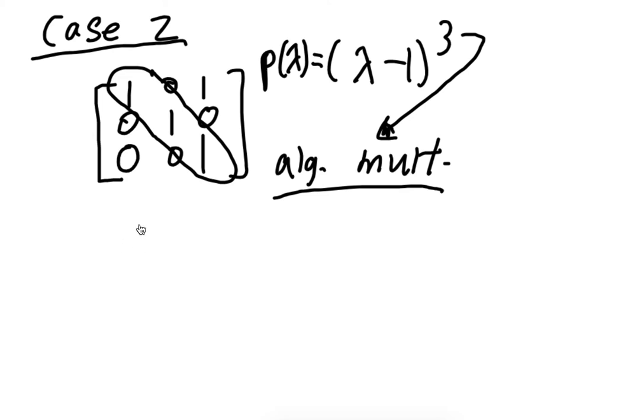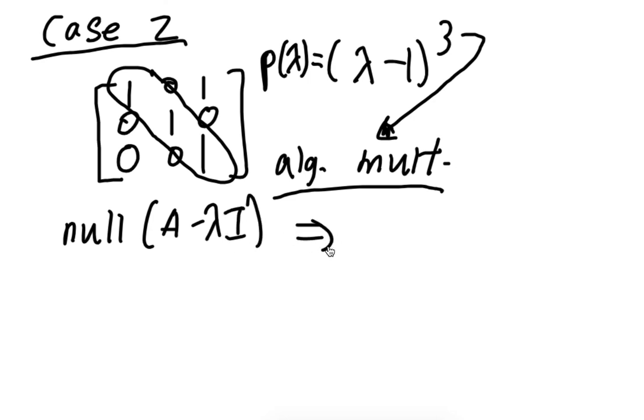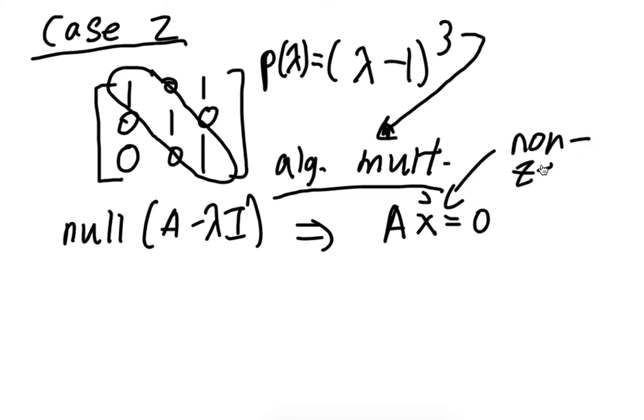So that may sound complicated, but what that actually means is just computing the eigenvectors of this matrix. And how we do that is we find the null space of A minus lambda I. Let's remind ourselves that the null space is just the solution set of Ax equals 0, where x is non-zero because eigenvectors have to be non-zero.